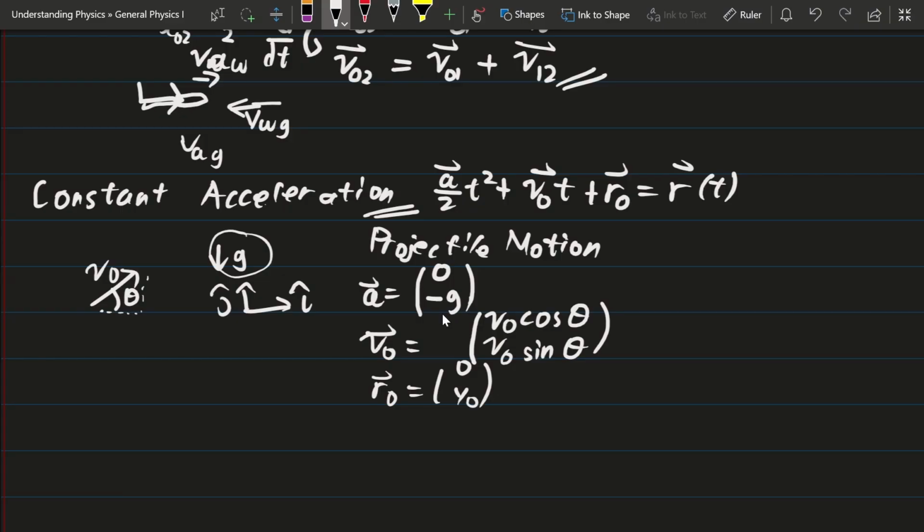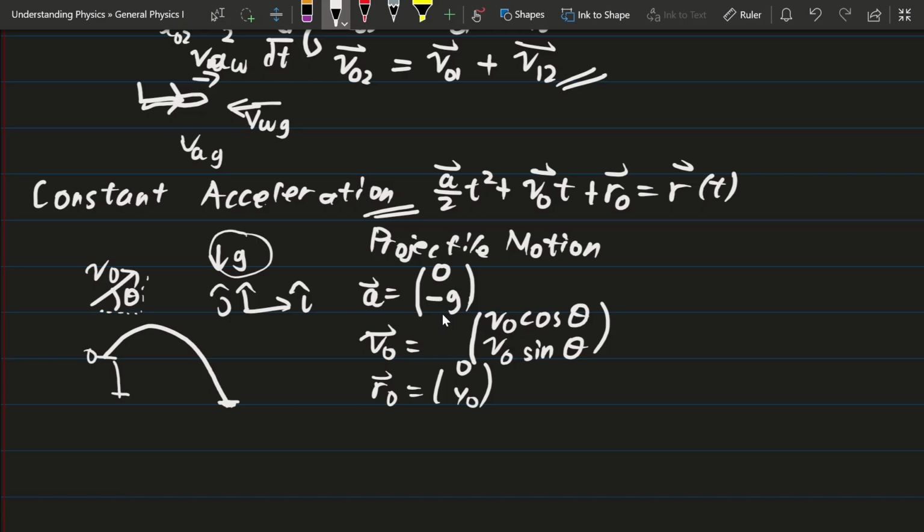But then why not y0 to be 0 as well? Well, have you ever thought about a condition in which you fire this from a building and then it will later hit the ground? If we define this to be 0, we would need to figure out this change in height.